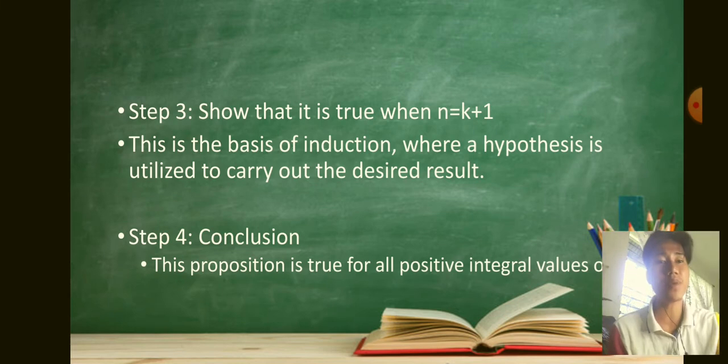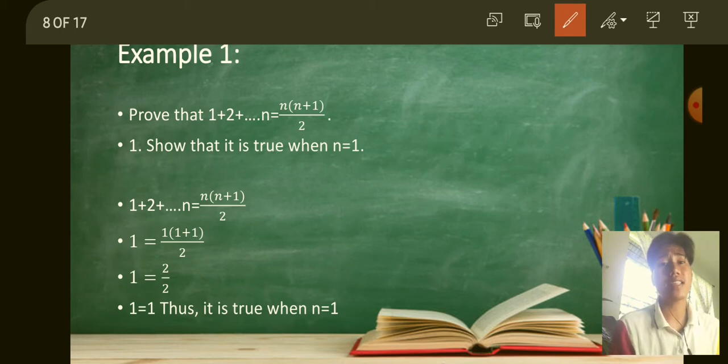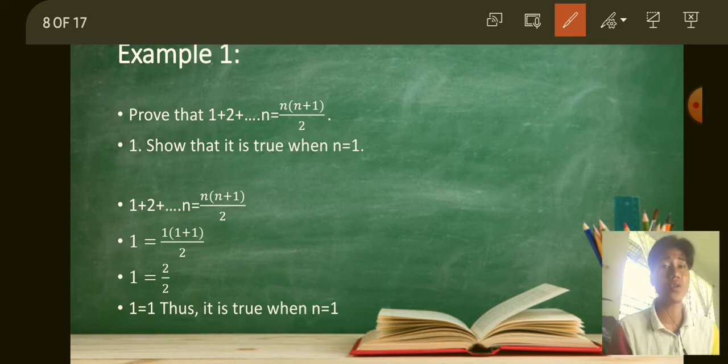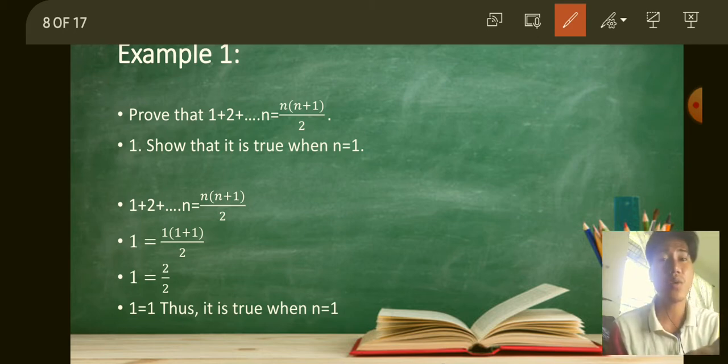For example, prove that 1 plus 2 plus and so on up to n is equal to n times n plus 1 over 2. Step 1, again, show that it is true when n is equal to 1. We simply substitute 1 for n.